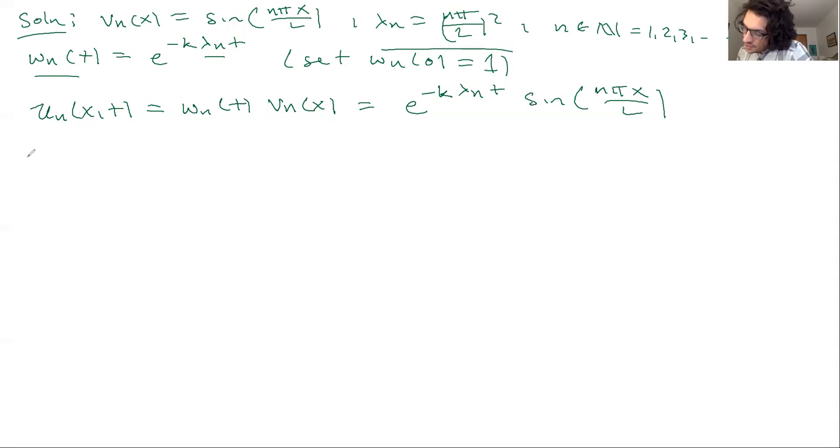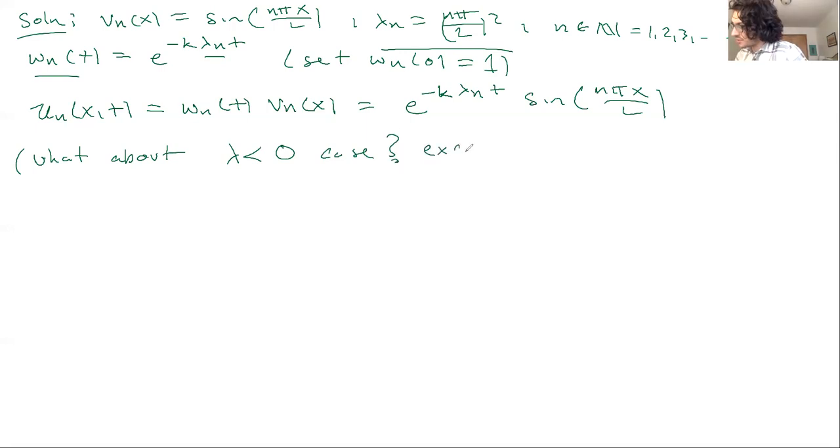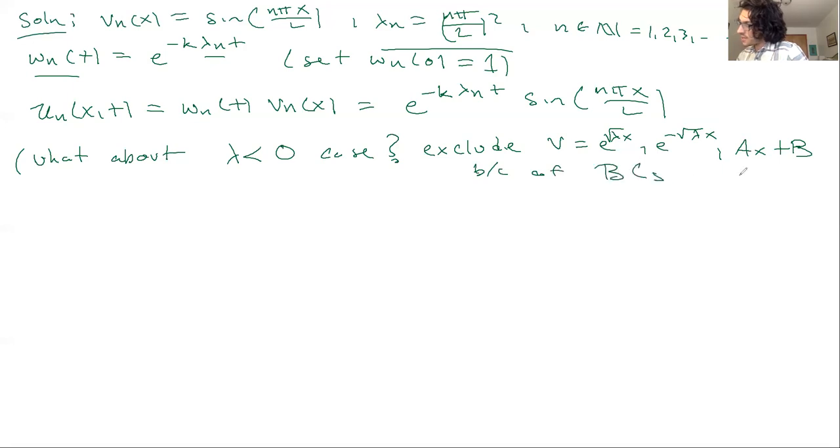Where my lambda n's are given here. Now, just as an aside, what about the lambda less than 0 case? Well, basically, we end up excluding the solutions of the form v equals e to the square root of lambda x, e to the minus square root of lambda x, or v equals ax plus b, essentially because of the boundary conditions.